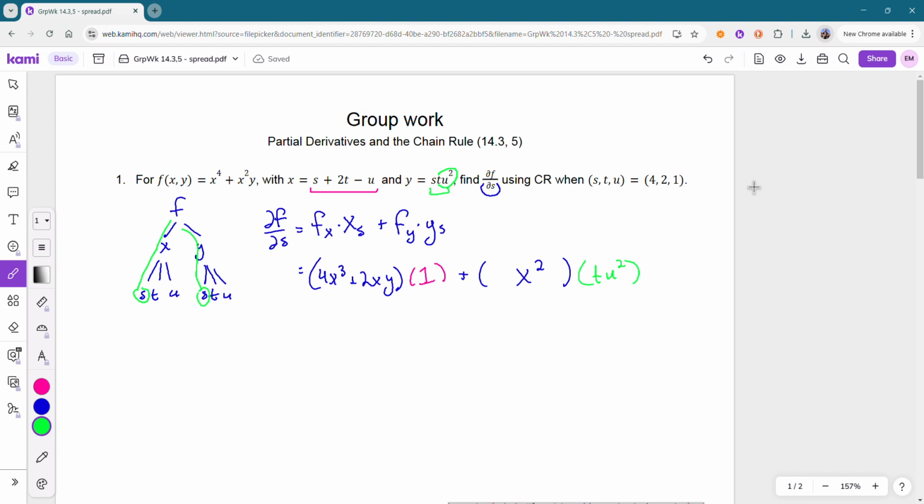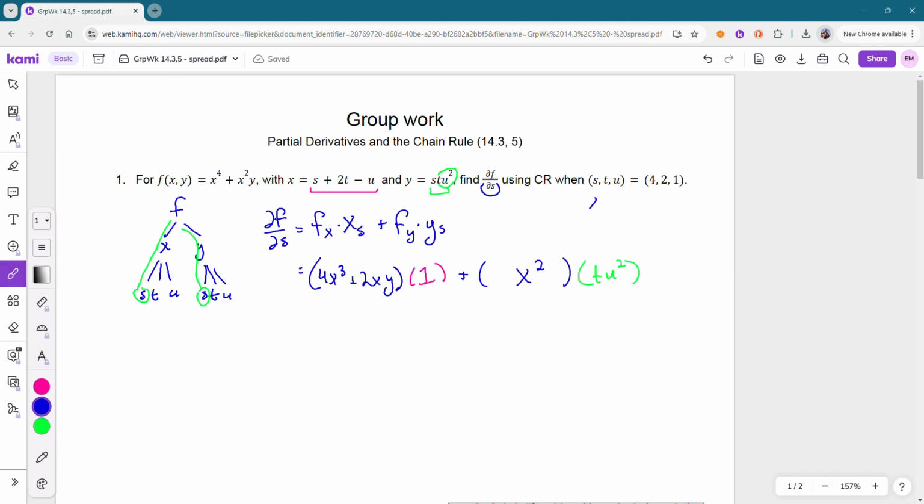And so there's our formula. We could plug in for x and y in terms of s, t, and u if we want, but it gets pretty ugly. I like just leaving it like this. And we can plug in 4, 2, and 1 for s, t, and u, and where we see x and y, we can plug in using the formulas that we have.